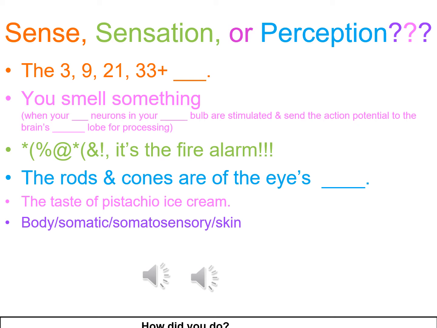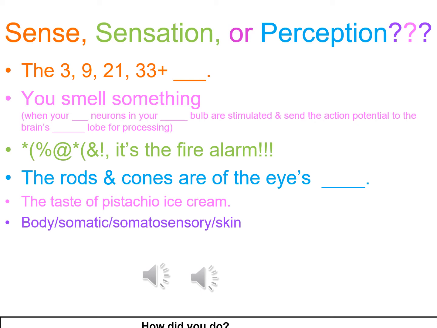And hopefully you notice that all those, 3, 9, 21, and 33, represent the correct possible answer if you're given the query of the number of senses. And you'll know that 5 isn't there. It would only be there if the phrase classic or classical was used. Next, you smell something, but it's not determined what the something is. That would be a sensation.